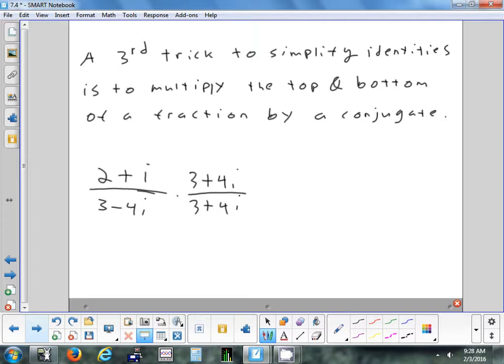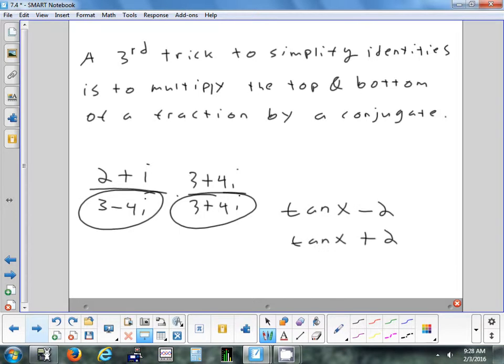All right, so 3 minus 4i and 3 plus 4i, those are conjugates. To find a conjugate, all you do is change the sign. If you had 8 plus i, the conjugate is 8 minus i. If you had, let's make up something simple, tangent x minus 2, the conjugate is tangent x plus 2.